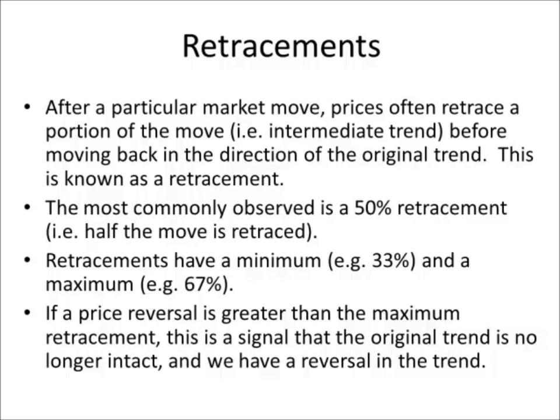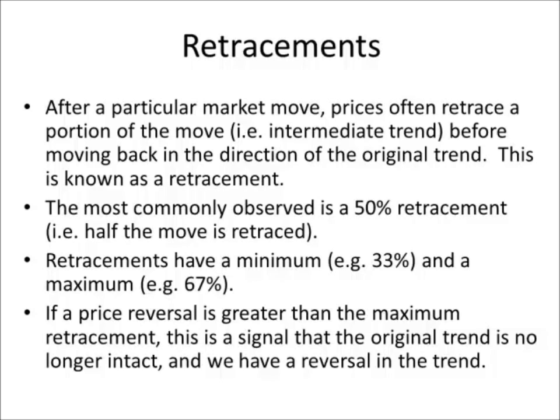What we can essentially know from this is that if the price reversal is greater than the maximum retracement, so let's say we have price going up and then it retraces by more than 2/3, that will be a signal that the original trend is no longer intact.